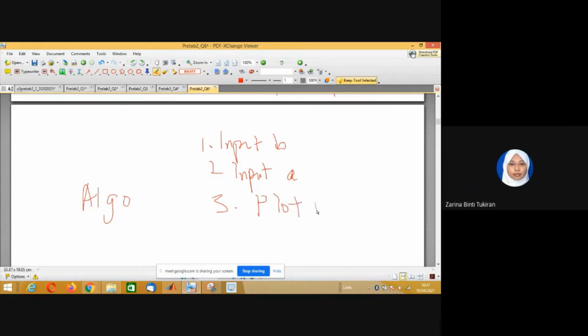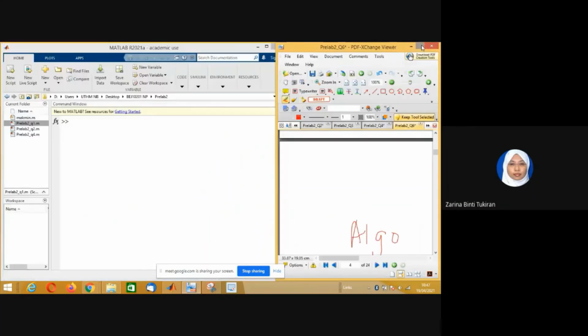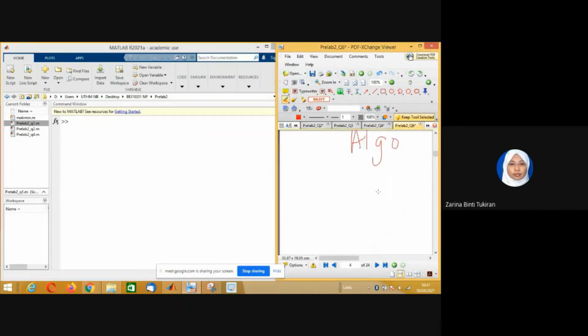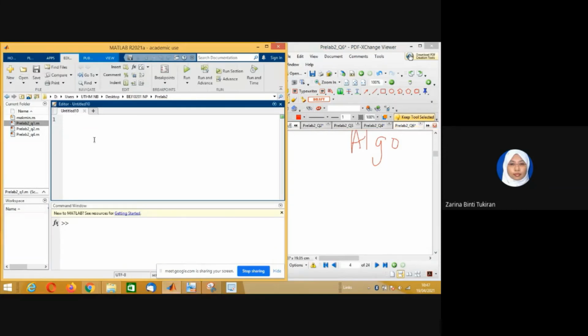Plot the graph of circuit response. So do it in MATLAB programming, because after you do the third step, which is the algorithm, you then need to do the implementation. In this implementation, go to MATLAB and provide the script over there.